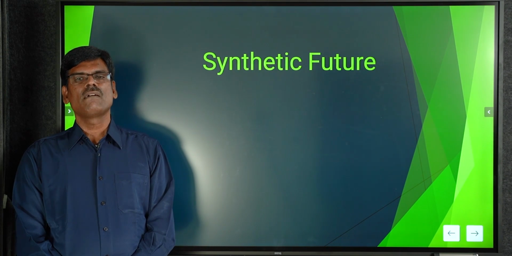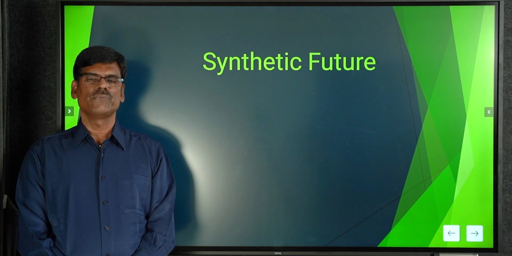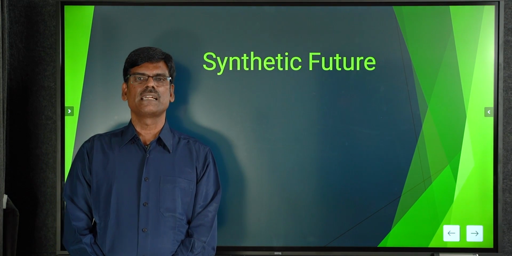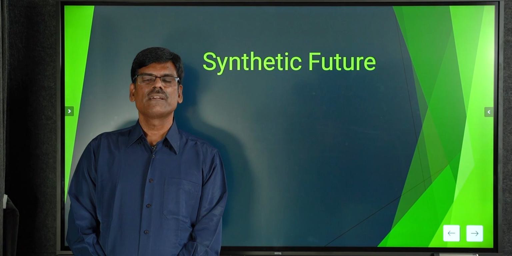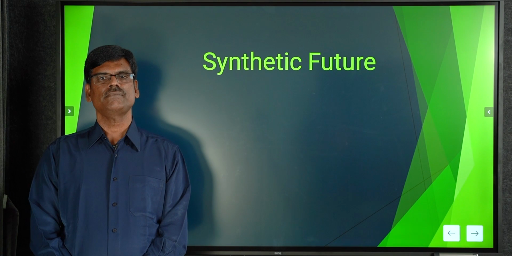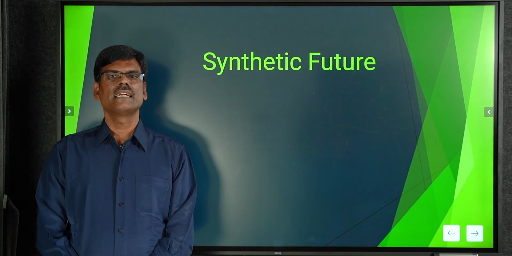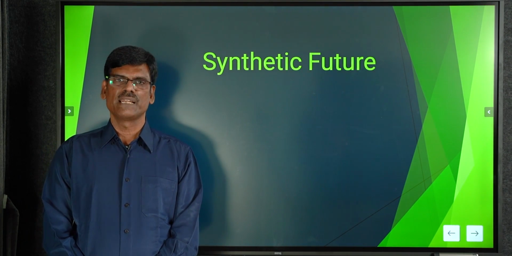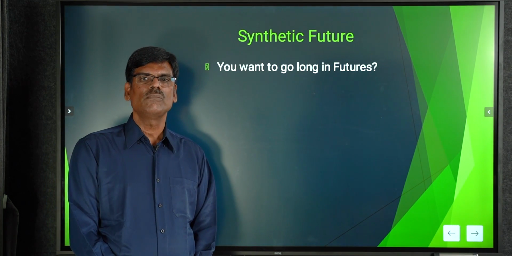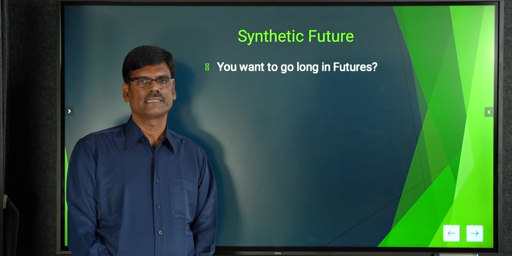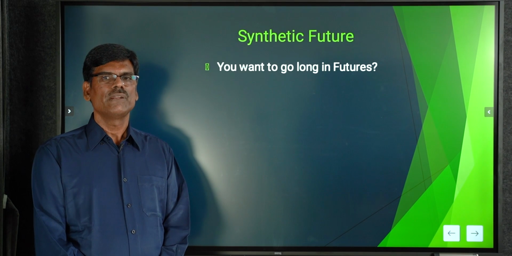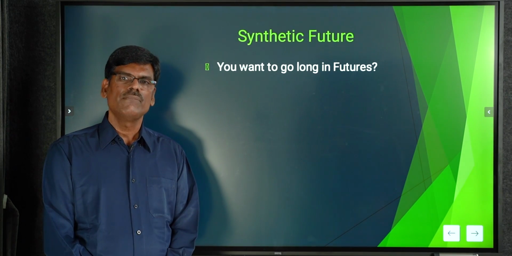Instead of going long in future or short in future, you can create a combination of option strategies which will have exactly the same effect as futures. The advantage is that you don't have to pay the MTM loss. You want to go long in futures, normally what you do, you go long in futures. Let us talk about Nifty. You want to go long in Nifty, you go long in Nifty futures.